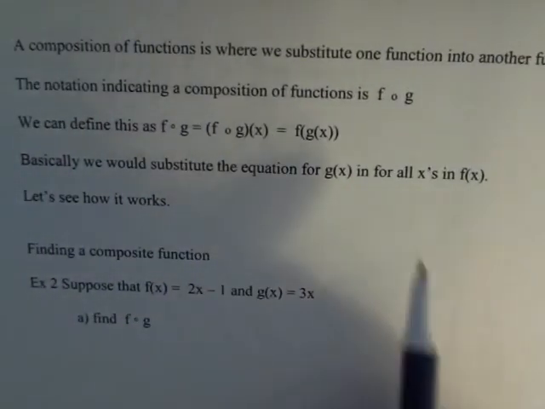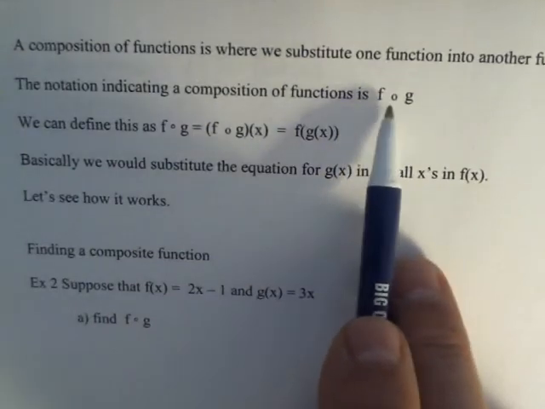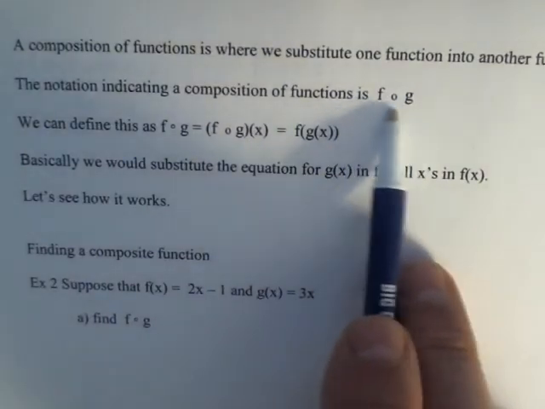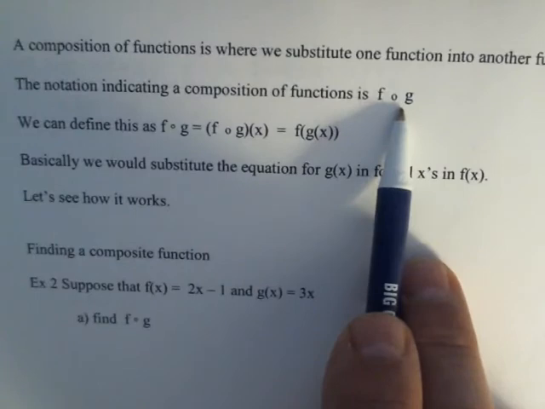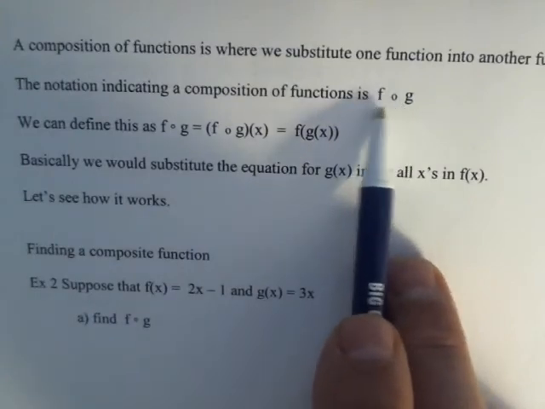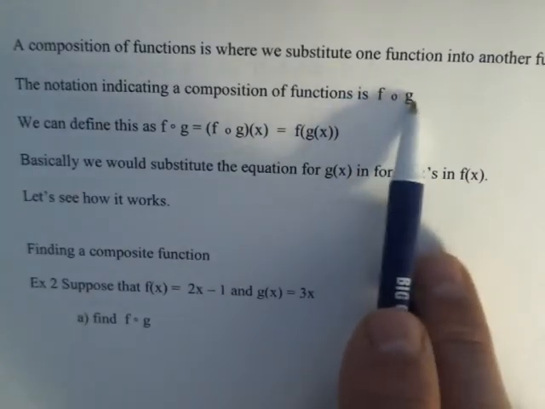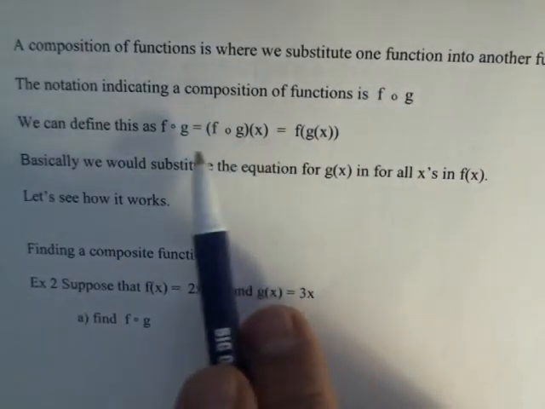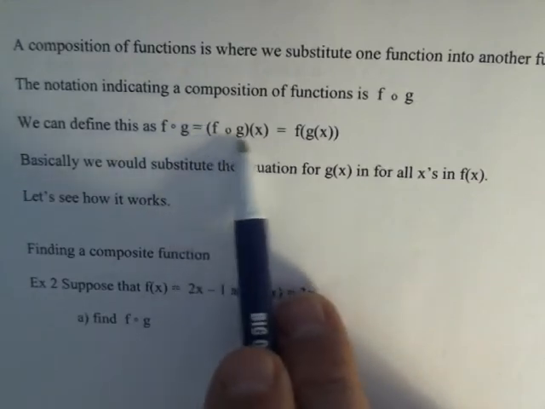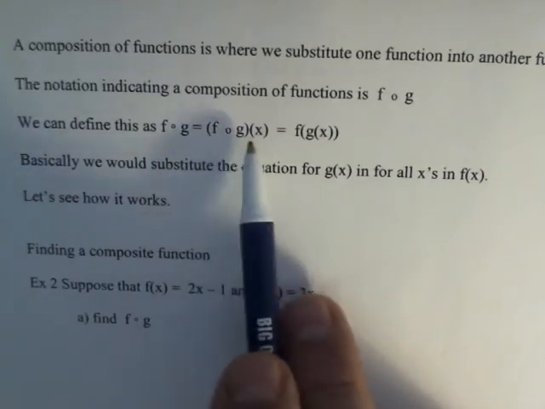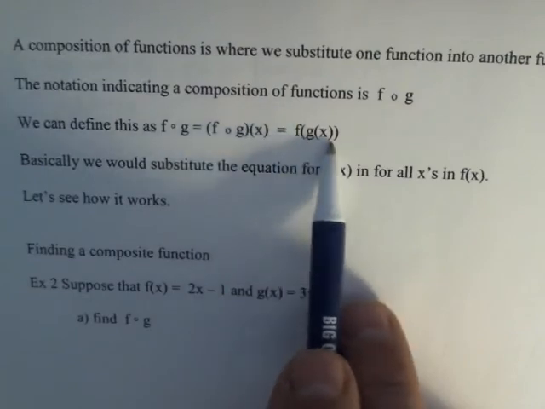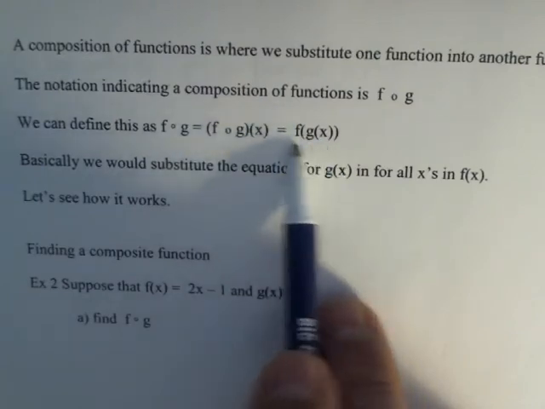So the notation indicating a composition of functions is sometimes written as this. The way it was written the other way is because we had numbers. So oftentimes you're just going to see f composed with whatever, or g composed with whatever, or whatever letters they give you. Now what this means is kind of what we had in the last examples with that number there, and how I went ahead and rewrote it as this.